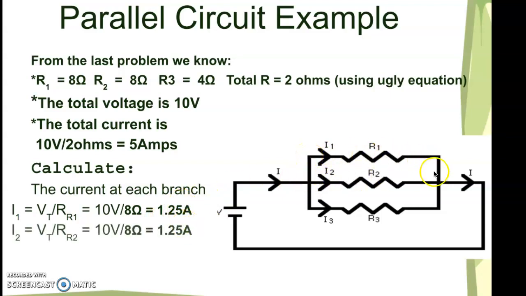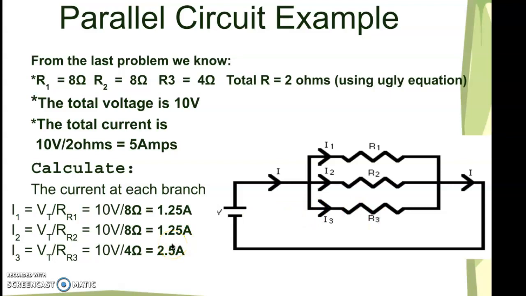The second branch is going to be identical because the resistor is the same. 10 volts divided by 8 ohms gives us another 1.25 amps. The third branch, you're going to use 10 volts and divide by 4 ohms to get 2.5 amps. So notice there's more current flowing through the one with less resistance, which makes sense.